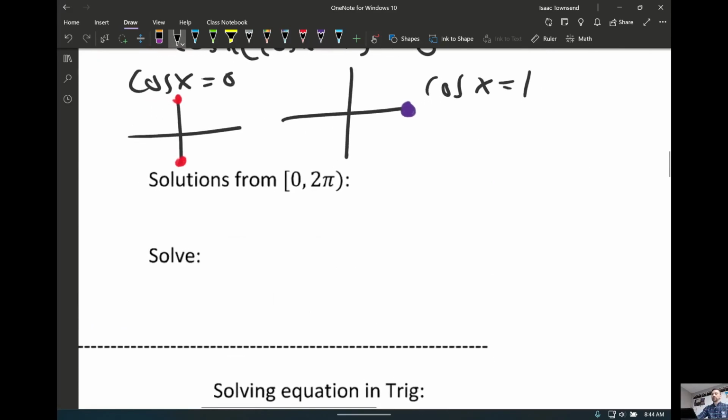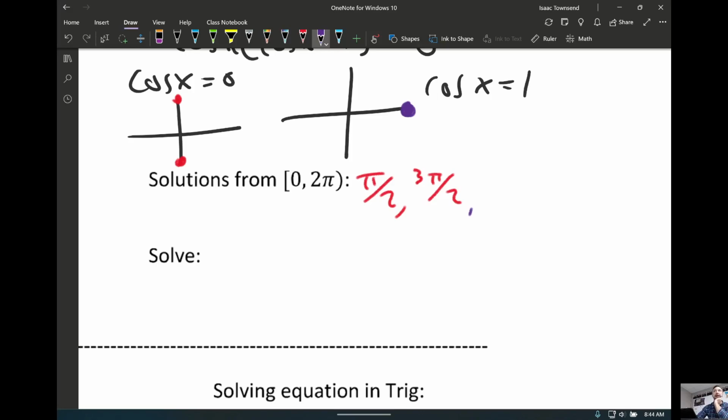Okay, so if the directions say write out the solutions between 0 and 2 pi, I've got this spot, pi over 2, this spot, 3 pi over 2, and this spot is where cosine is 1. Now, should I call this angle 0 radians, or should I call it 2 pi, or does it matter?